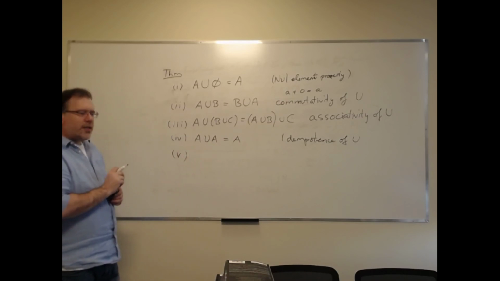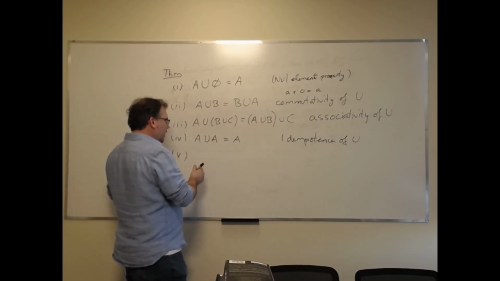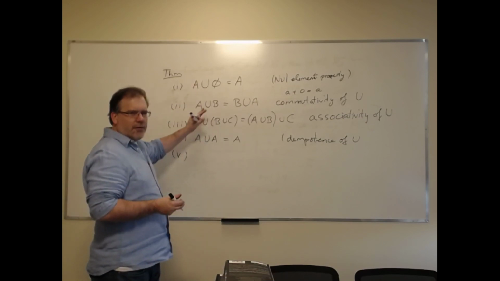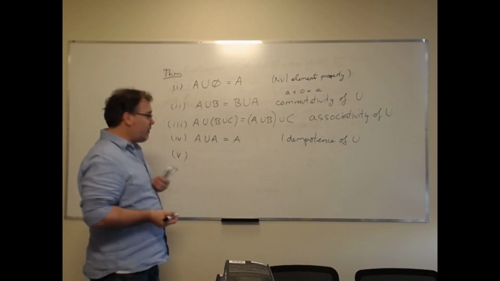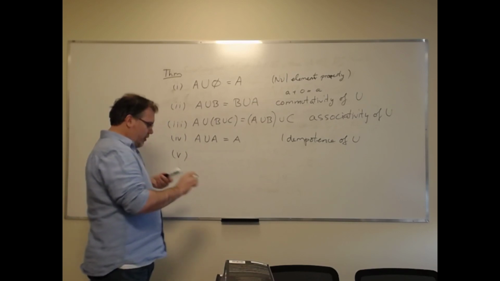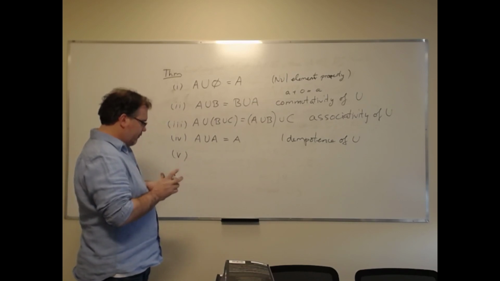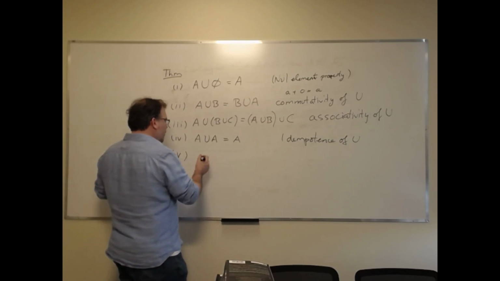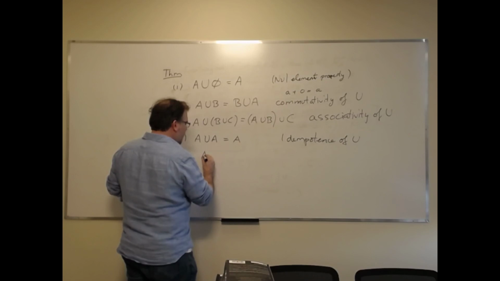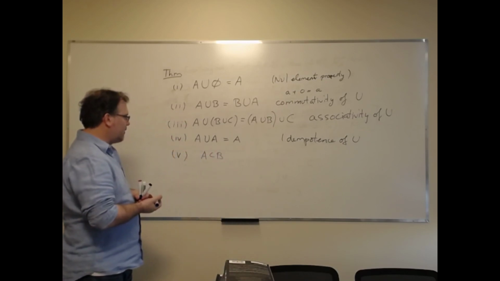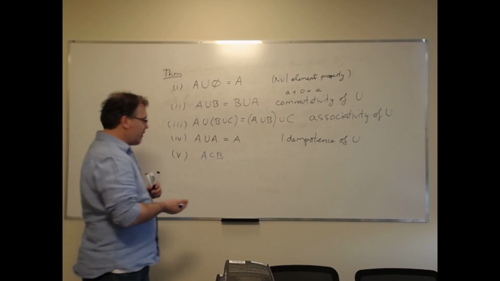And the last one is a little bit cool. By the way, those I'm not proving because they're fairly straightforward, so probably they'll be in your exercises and things like that. This one we're going to actually try to prove. So it says something about the relation between subsets and unions.